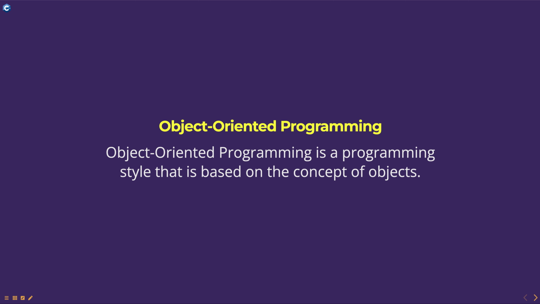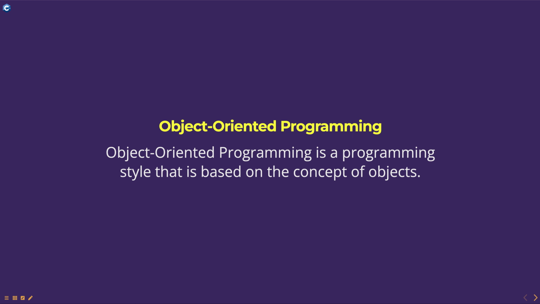Object-oriented programming. Object-oriented programming is a programming style that is based on the concept of objects. An object is a data structure that combines data and functions, known as methods, that operate on the data.